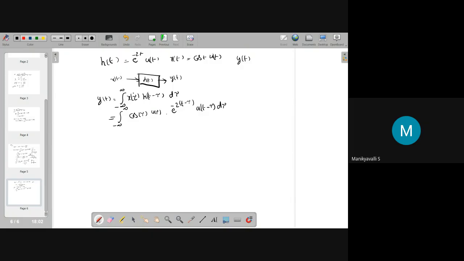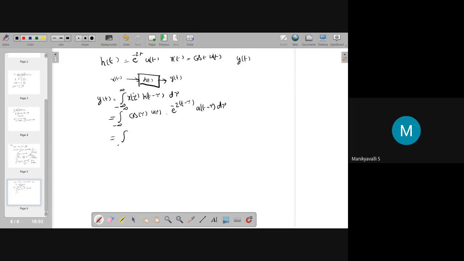Since the product of u of tau and u of t minus tau is a unit step, that will have limits from 0 to t, right?